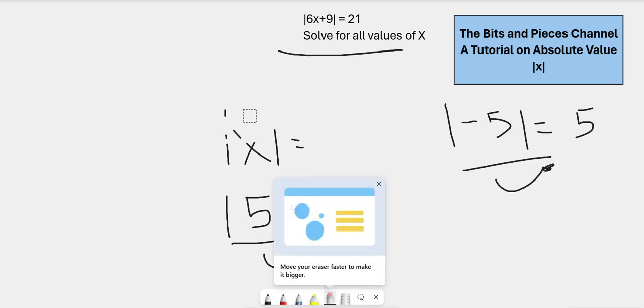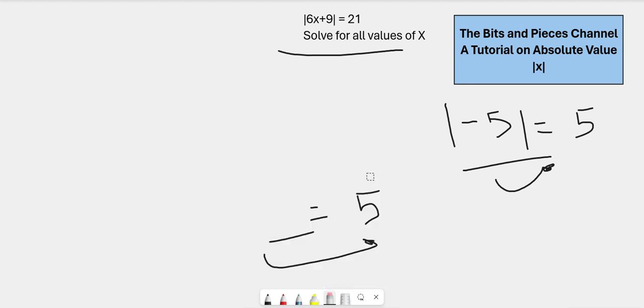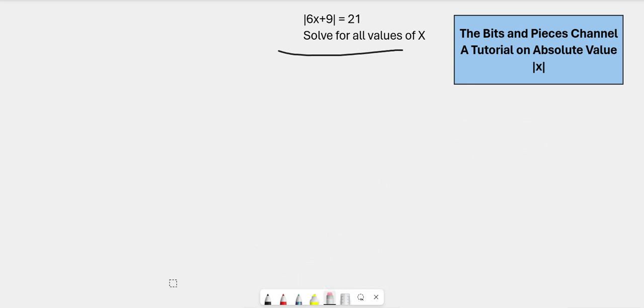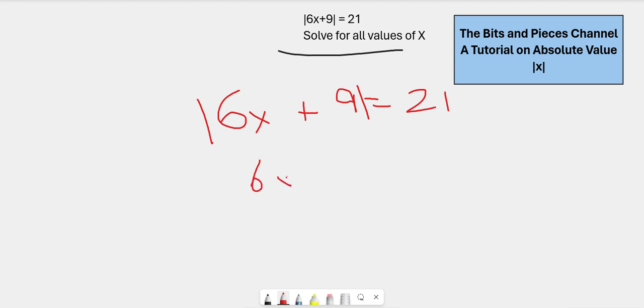So let's see how we can apply this to algebra. And how could that even work? If we were given this equation right here, 6x plus 9 equal to 21, we would think that there could be only one solution, right? So we solve it and we get 6x is equal to 12, and then x is equal to 2, correct?